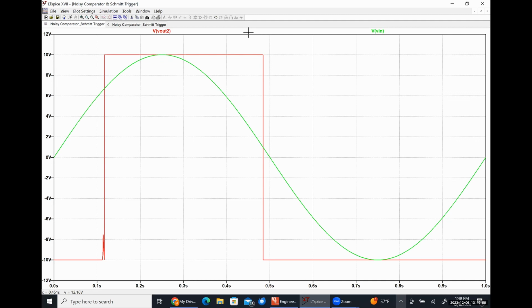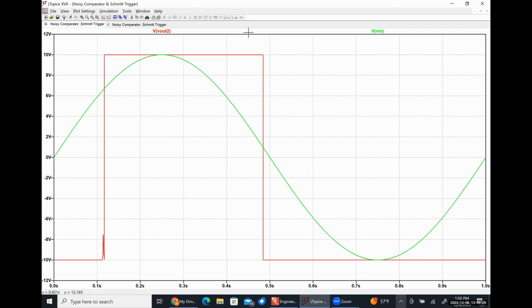Our differential voltage here is now going to be 3 minus V_in. So our V_D is still positive, so the output is positive until it gets to be negative, and then the output goes negative. The Schmitt trigger is just using our resistive feedback network to make us not be constrained to just that reference voltage.